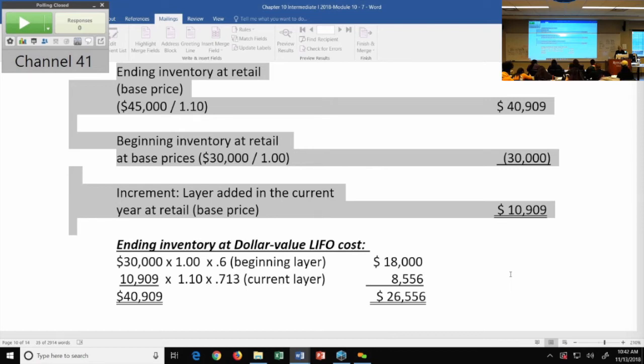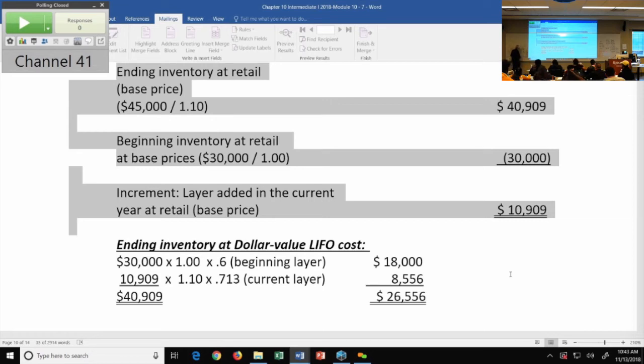It's the effects of inflation, yeah, because dollar value LIFO controls for price changes. So the dollar value is 26,556, where straight LIFO, stable prices, 28. This actually removes the effect of inflation.